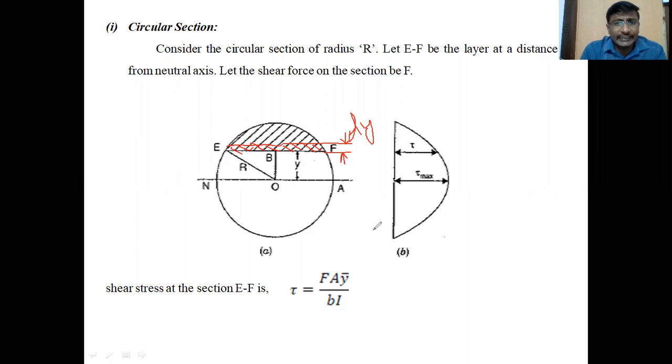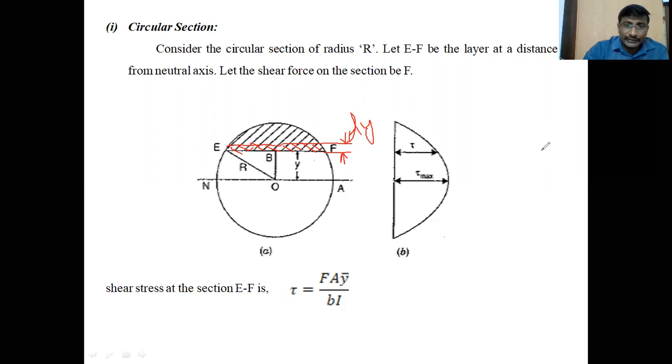So to get the area above the layer EF, we consider a small strip of thickness dy at a distance of y. Clear, students? By finding the area of this strip and integrating it, we can get the total area above the level EF.